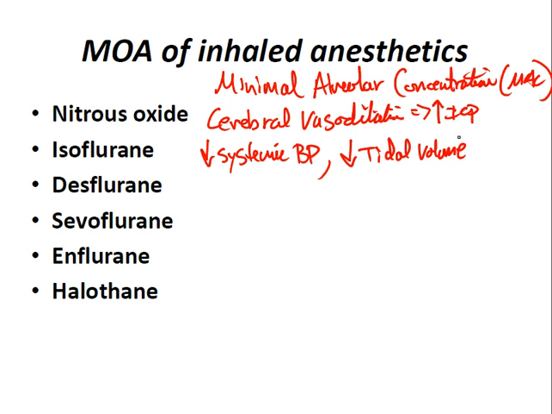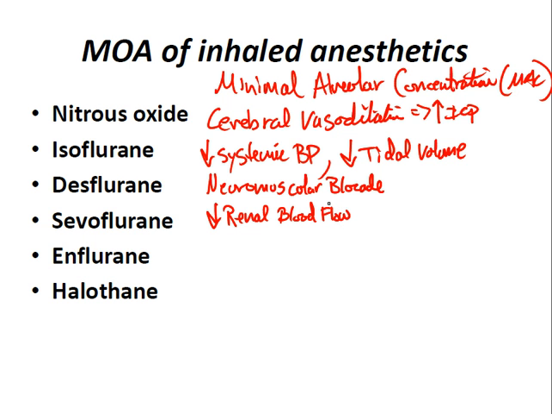If I have a decreased tidal volume, what's going to happen to my respiratory rate? It's going to increase. But most volatile anesthetics have a depressive effect on the respiratory system. You're going to have neuromuscular blockade. And also, you're going to have decreased renal blood flow. If you have a decreased renal blood flow, you're going to have a decreased glomerular filtration rate, which is going to lead to a decreased urine output.